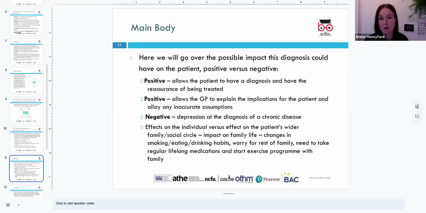That could be a massive behavioural change that the patient needs to undertake. They may feel overwhelmed. It could be a worry for the rest of the family, for parents, for children. And the need to take regular lifelong medications and start an exercise program with the family. So it does have implications for the wider family as well.